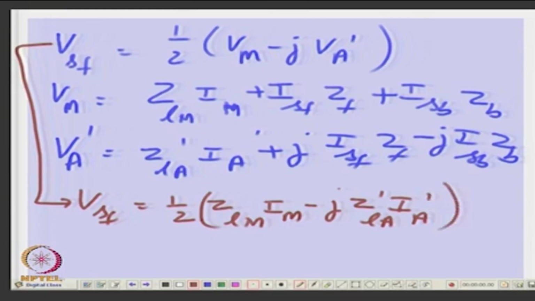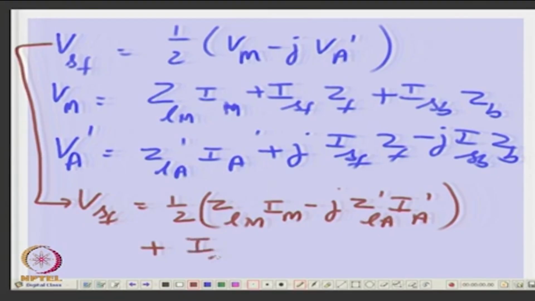Okay, this is V_m, then what will happen? I_sf is the same, I_sf Z_f, if you add this it will be V_m minus j by 2. What will this be?